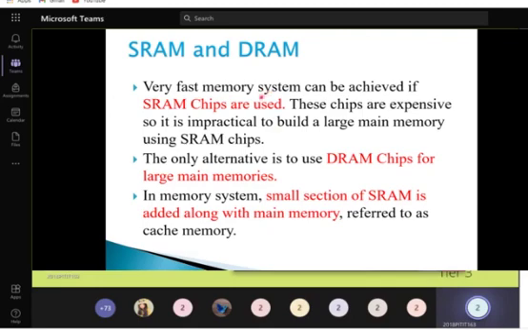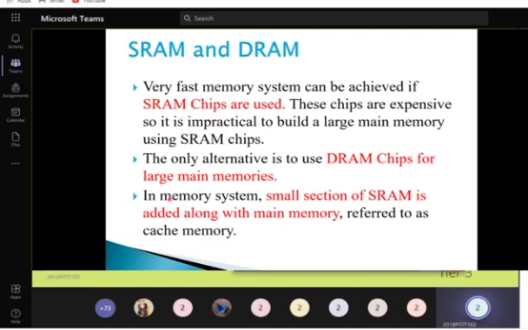But it is very costly, more expensive, so it is impractical to build a large main memory using SRAM chips. The only alternative is to use DRAM chips. For a large main memory I can use DRAM, but the speed of SRAM will be more, though it is very costly.